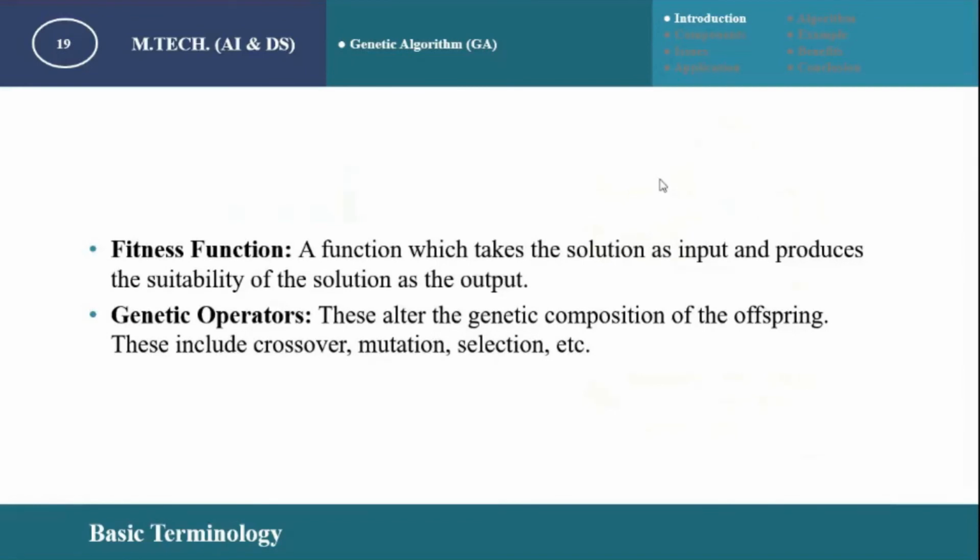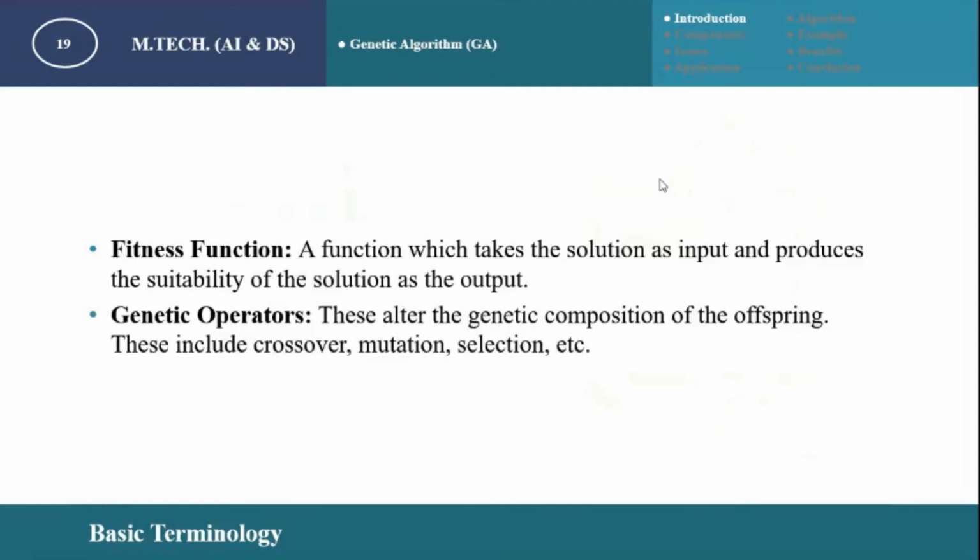The fitness function takes a solution as input and produces the suitability of the solution as the output. It gives out a value which represents the suitability of that particular solution as a potential final solution for that problem.